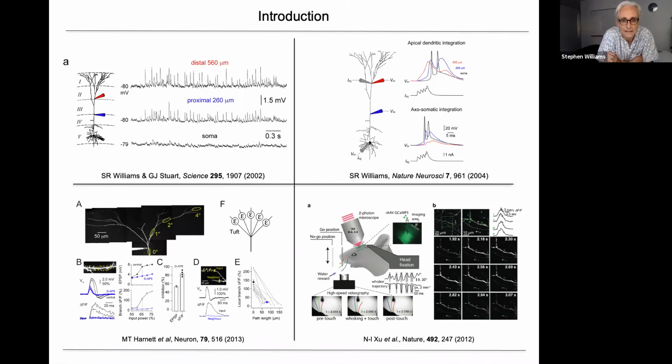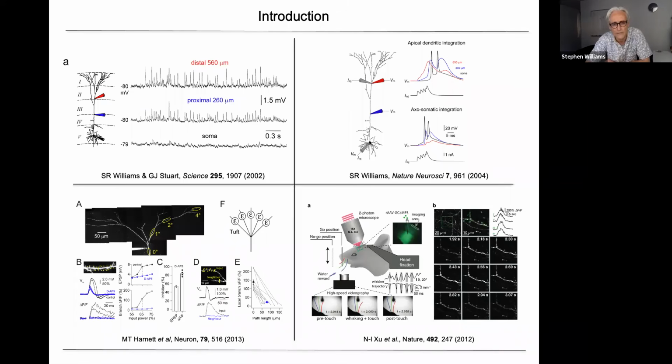Now, obviously, the implementation of defined computations is the big problem. So we started in the neocortex of rodents, exploring how electrical signals, EPSPs and IPSPs, spread throughout the dendritic arbor of neurons from their sites of generation down to the site of action potential initiation in the proximal axon.